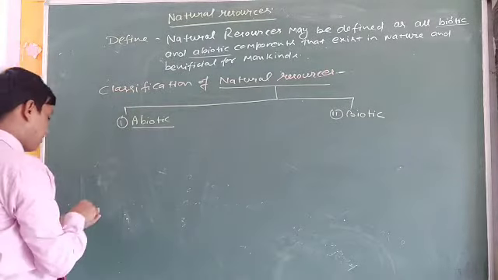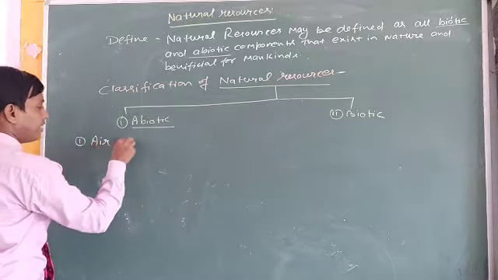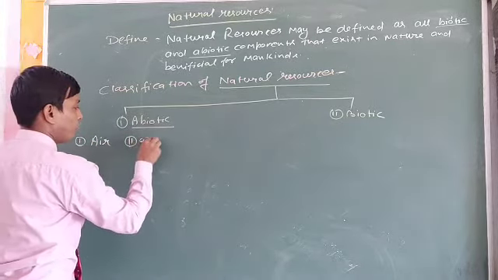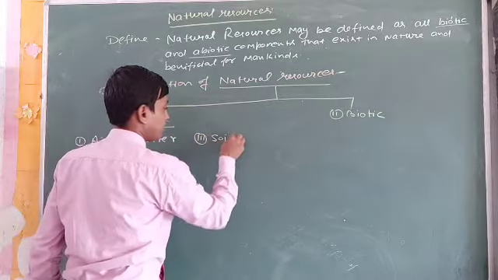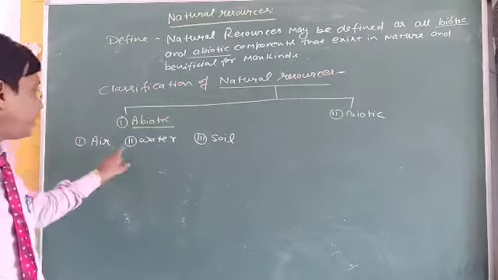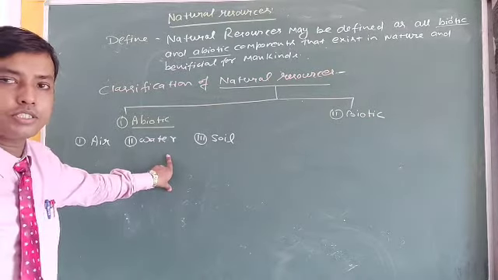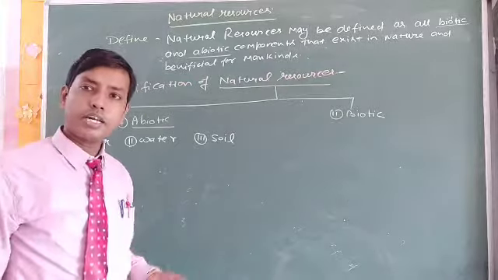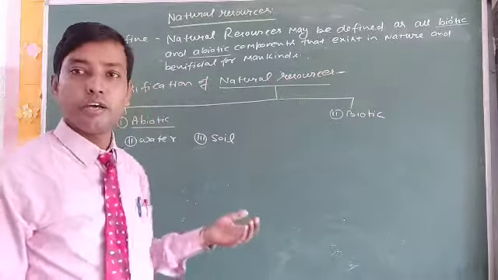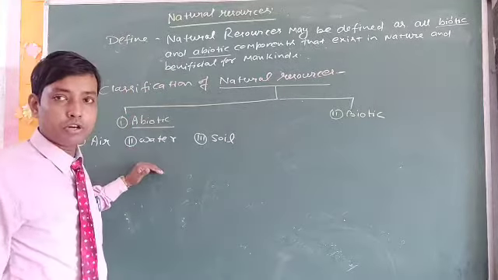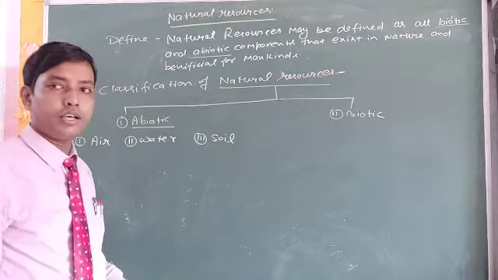Abiotic substances are the air, water, soil. Listen, air, water and soil are key ingredients of abiotic substances. Apart from these, there are many metals and non-metals that exist in nature, which are actually byproducts of these substances, either air, water or soil.